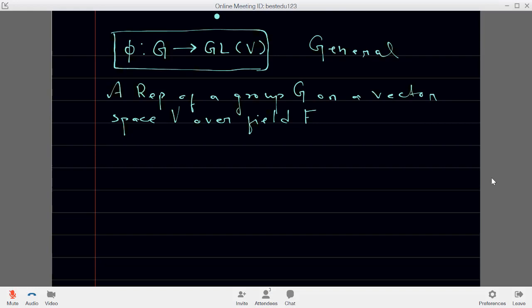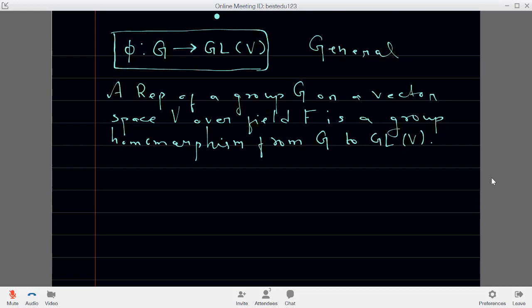Over field F is a group homomorphism from the elements of the group G to GL(V).